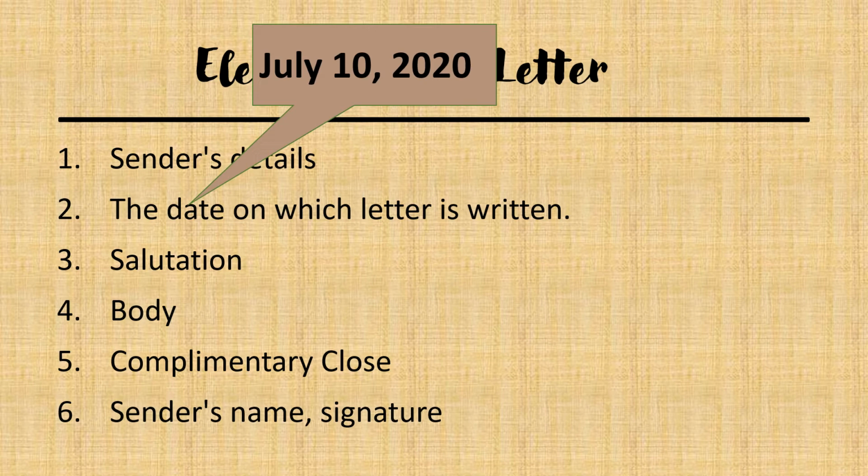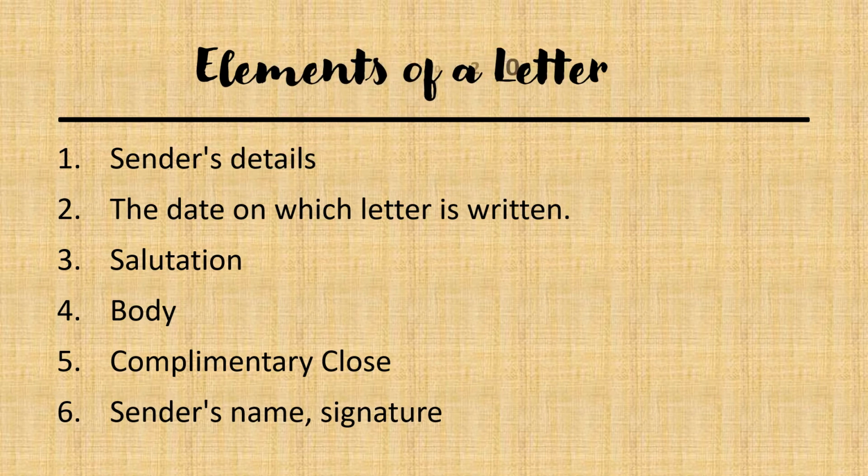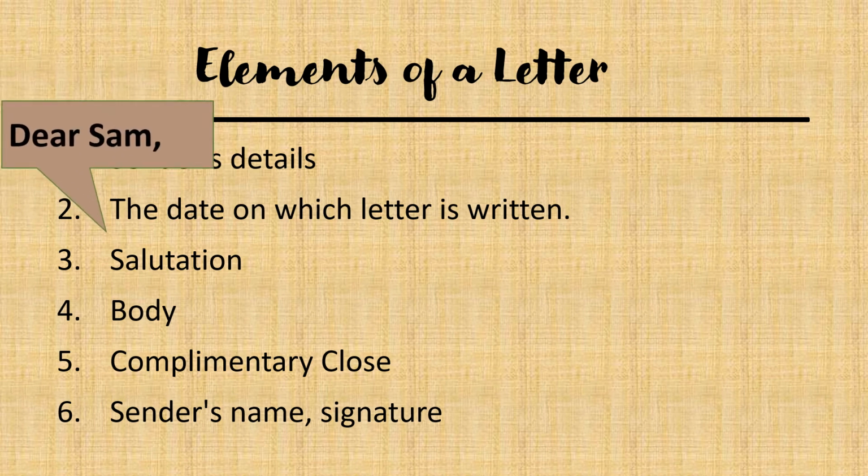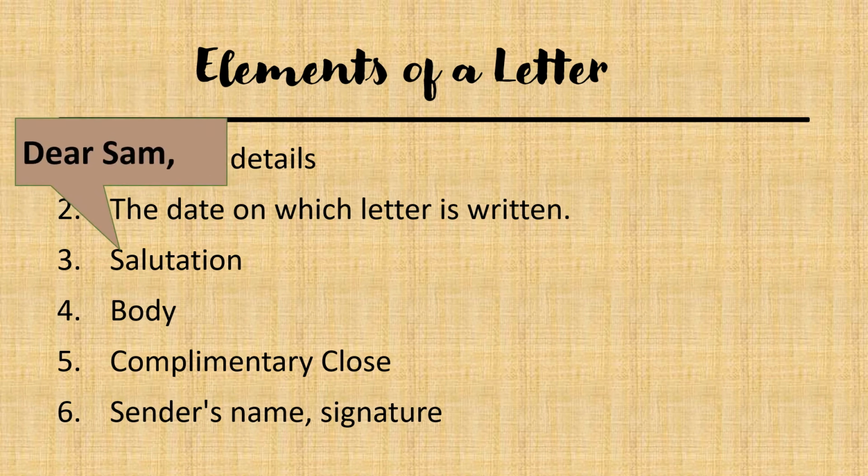After that, by skipping a line after writing the date, on the next line, you write the salutation. We begin the salutation or greeting from the left margin. Use a comma after the greeting. Don't write dear friend; use his or her name, like this: Dear Sam.